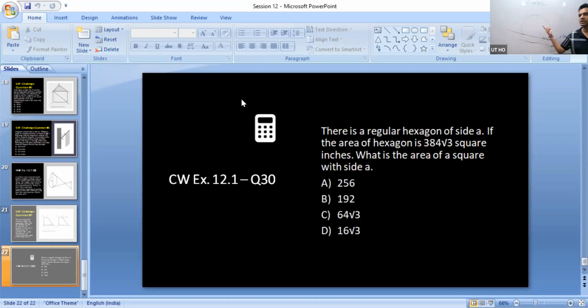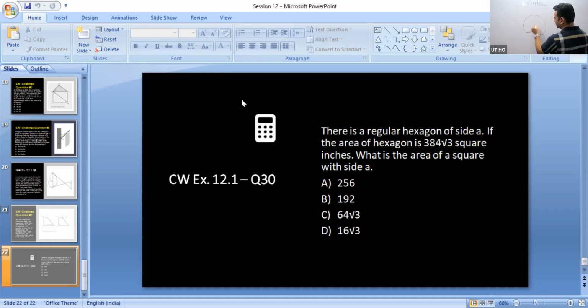Can a line cut a circle at 3 points? No, it is not possible. कोई भी line आप draw करोगे, it will always cut at the maximum 2 points. Okay, property अगर मैं बात करूँ, कि अगर मेरे पास कोई chord है, let's say we have one circle.